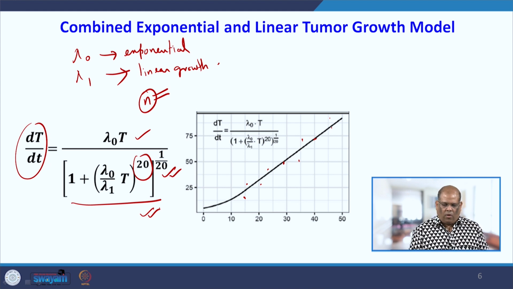There is another model which is called the Bertalanffy model.